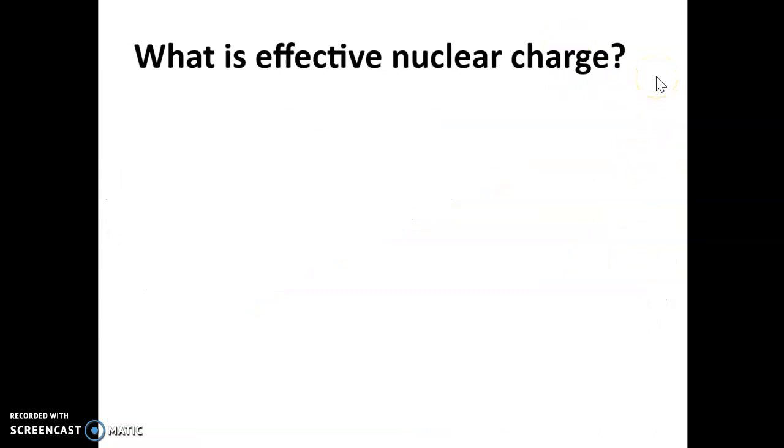So a way that we can understand this is by something that's called effective nuclear charge. Effective nuclear charge is a way of saying, okay, we know our magnet is strong. It has a charge of 12 plus, but the charge of 12 plus is experienced by the electrons right next to the nucleus, but then we have that shielding we've talked about.